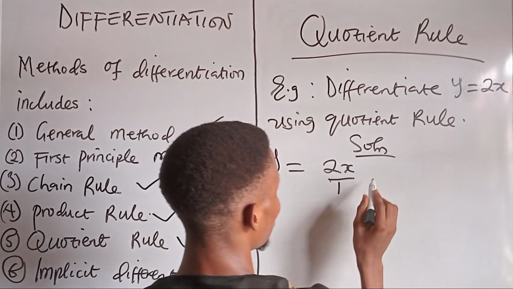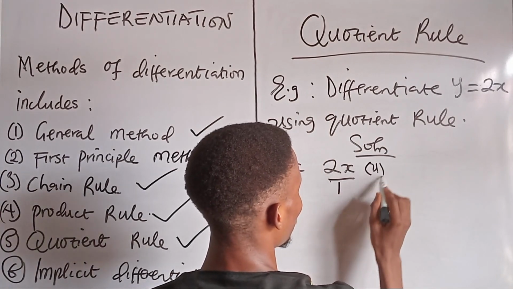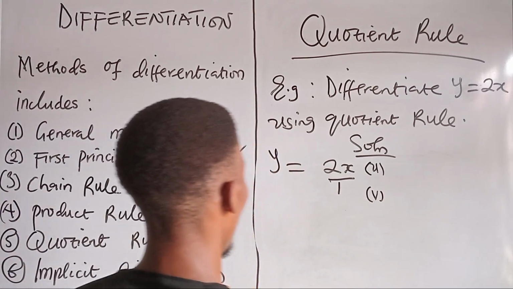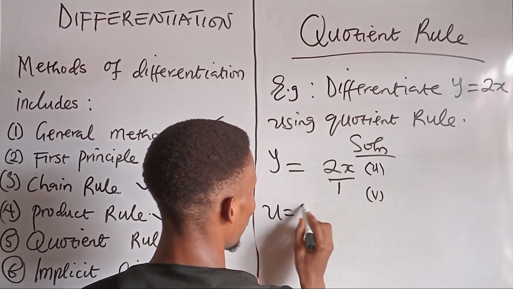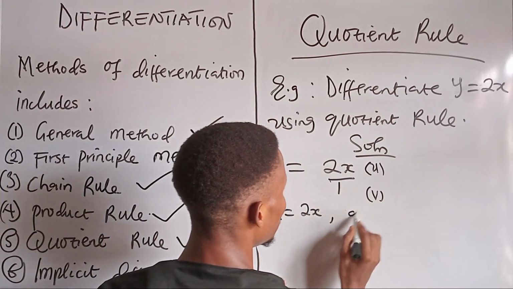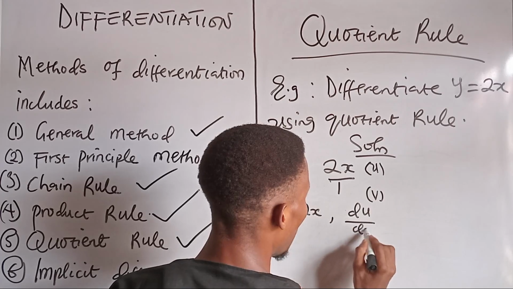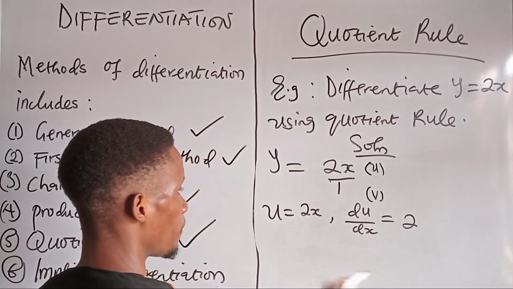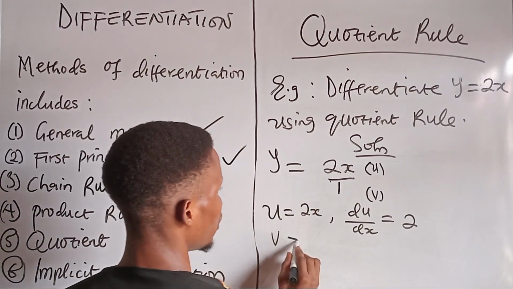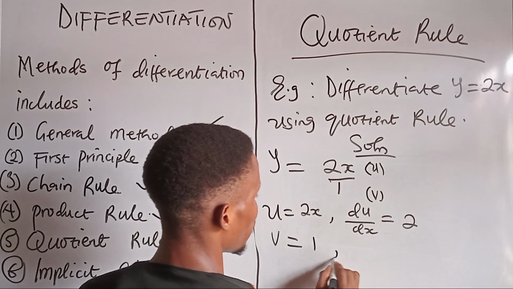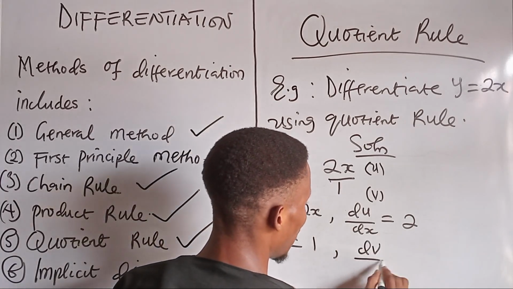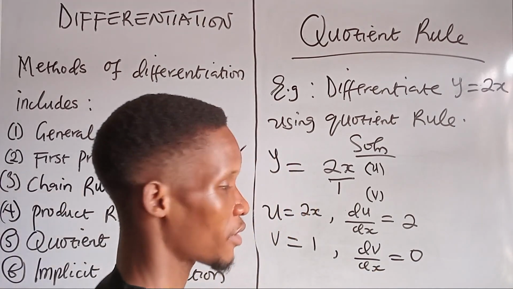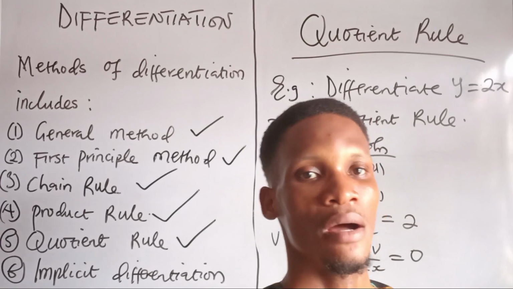So we can call this u and this v. Then u is equal to 2x, therefore du over dx is going to give us 2. Then our v is equal to 1, therefore dv over dx is equal to 0. When you differentiate a constant, it gives you 0.